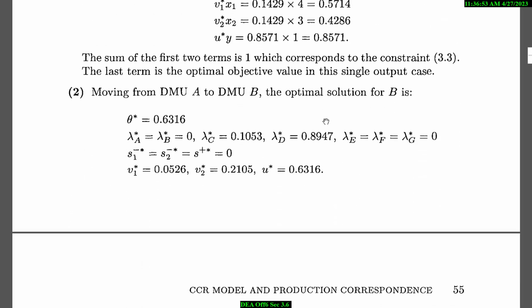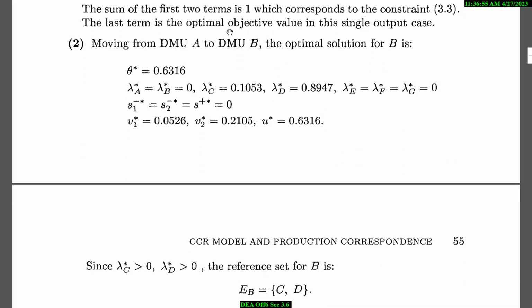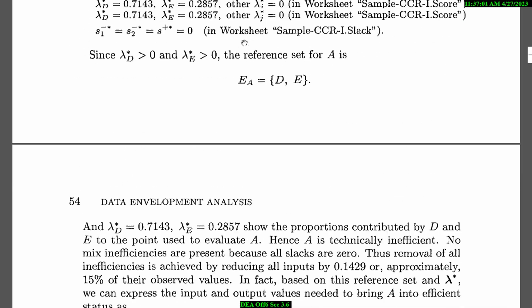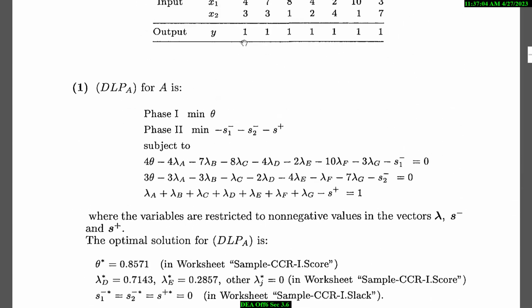Now consider DMU B. We only put the data of DMU B here as the multiplier of theta.